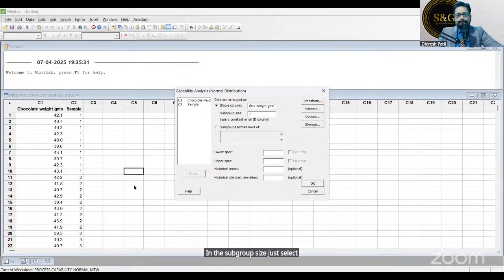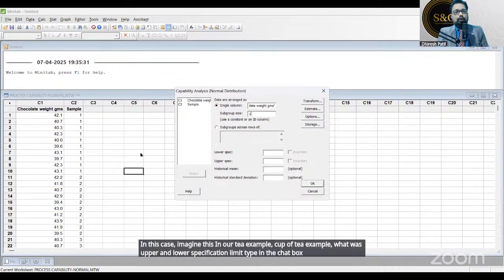Just follow me. Now here is lower specification limit. What is lower specification limit here? In our cup of tea example, what was upper and lower specification limit? Type in chat box. Do you remember?